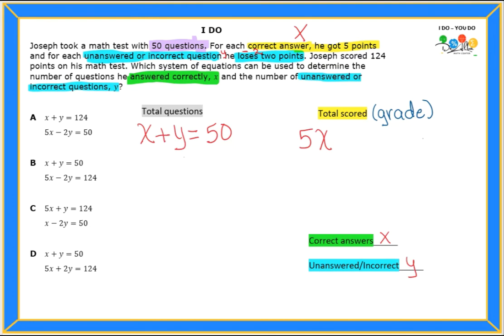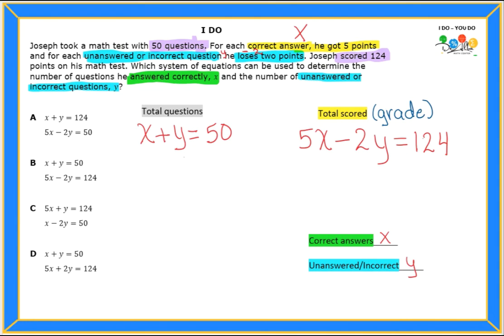Well, I can represent that with a minus. Is that right? And that would be minus 2y. Okay, and now that has to be equal to what number has to do with the total score? 124. Very good. Okay, so that has to be equal to 124.